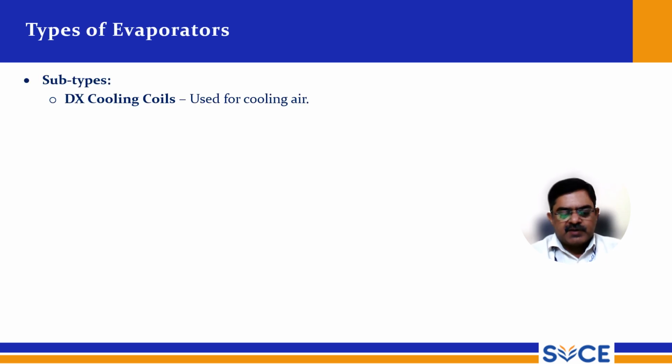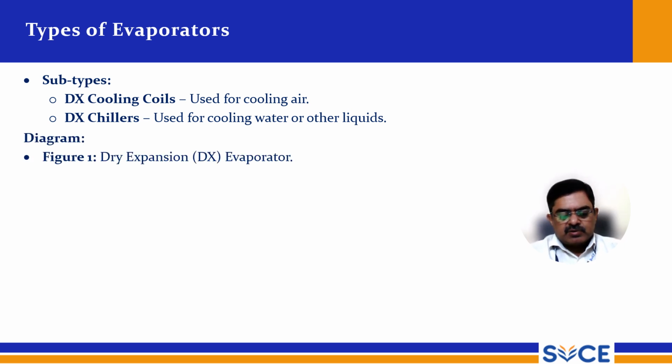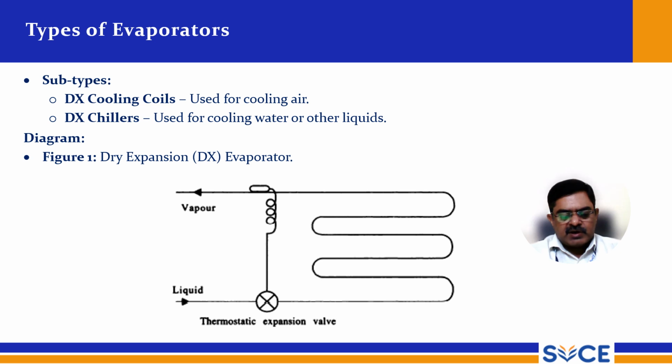Subtypes of DX evaporators are DX cooling coils used for cooling air, and DX chillers used for cooling water or other liquids.